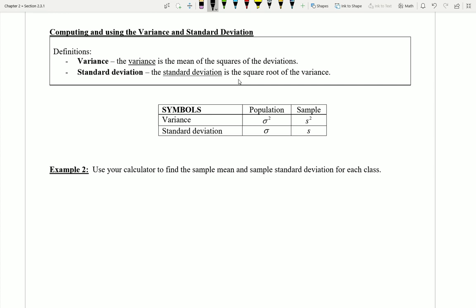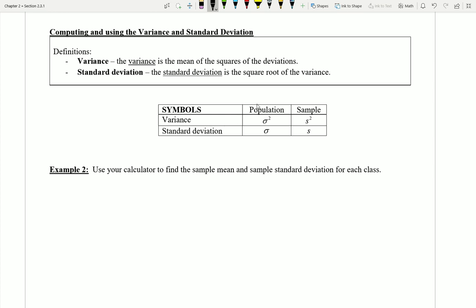However, it does require that we understand the relationship between these two values and also the symbols that we use to represent them. In the last section, we talked about symbols for a sample size and a population size, as well as an average. And here, we're going to have symbols for variance and standard deviation.